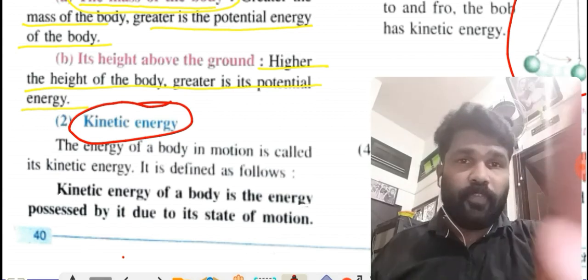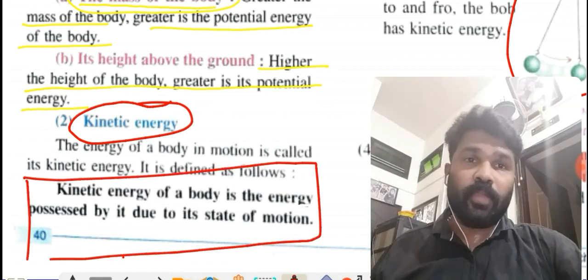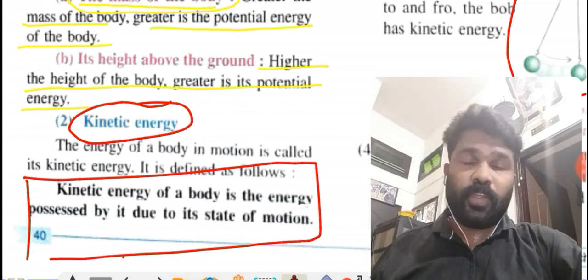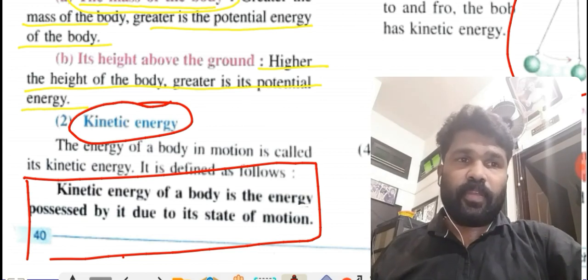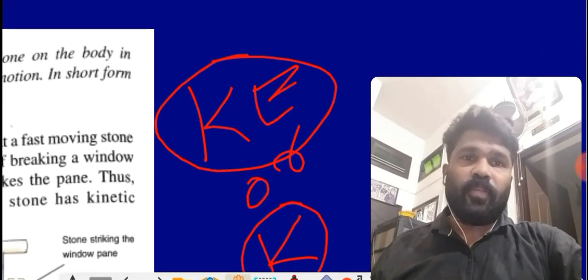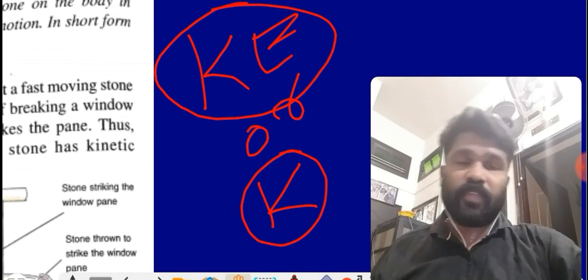The definition we have discussed, please mark it in your copy or book. This is an important definition to study. Then we discussed that the short forms of kinetic energy are KE and K.